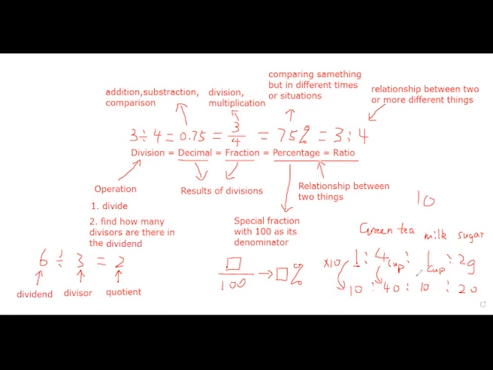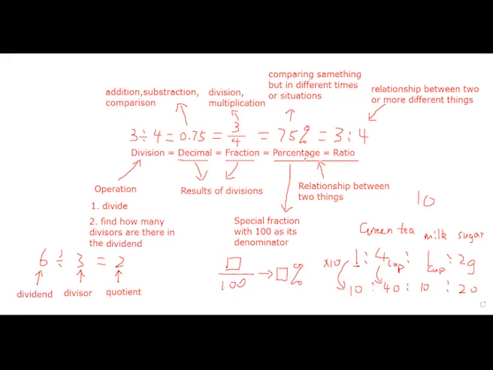And ratios are so special. It can be 2 or more things. See, we have 4 different things. The first one is the container. Second one is the green tea. Third one is milk. And the last one is the sugar. It shows the relationship between 4 things, okay?